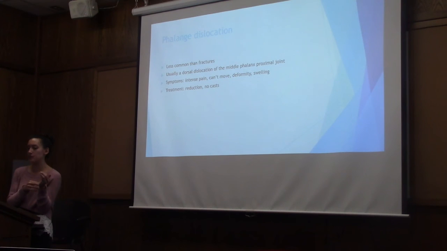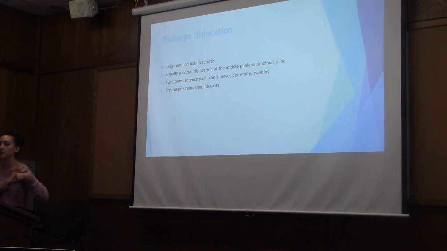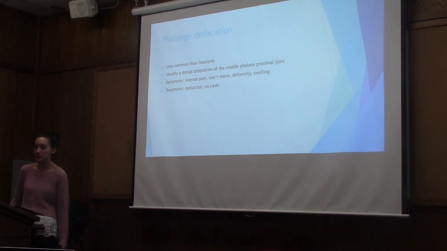Treatment is reduction. Reduction means you put it back in its place. It's not like reduction of activity or something. You reduce a dislocation, so you put it back into its place. You'll learn more about this when you talk about upper extremity injuries, because you'll talk about shoulder dislocations. And you don't really cast the toes.